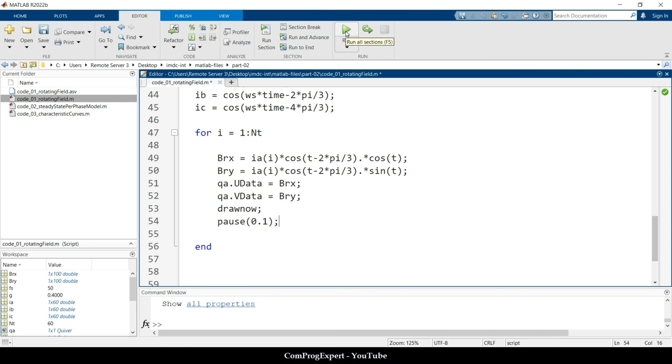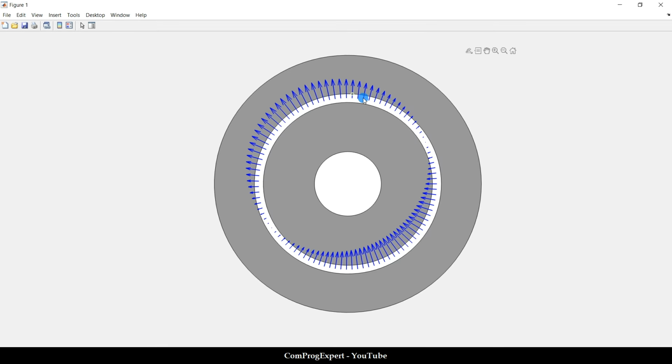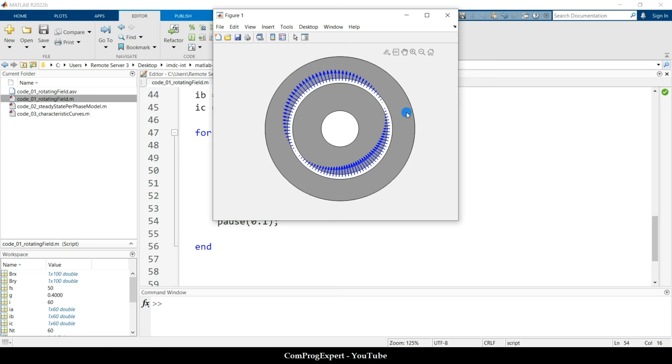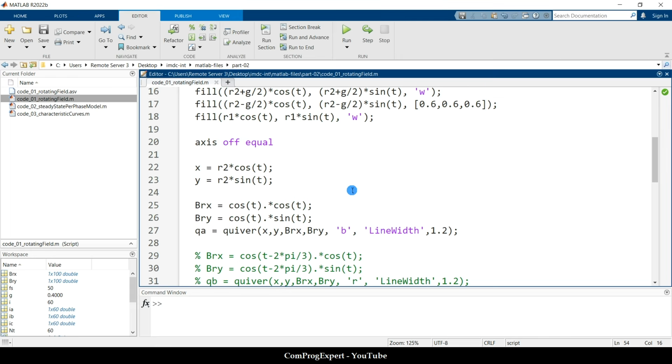So let's run the code. As you can see here, we have a pulsating field, but why can we not visualize it well? Because when we use the quiver function, we should turn off the scaling.